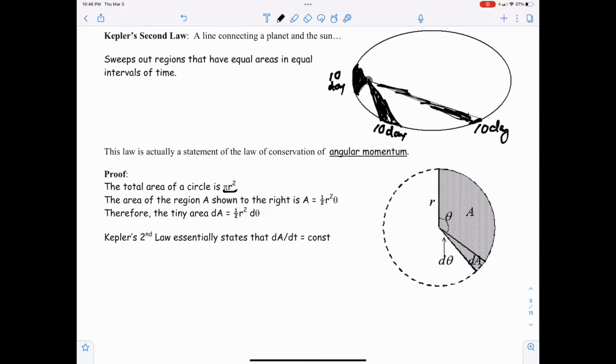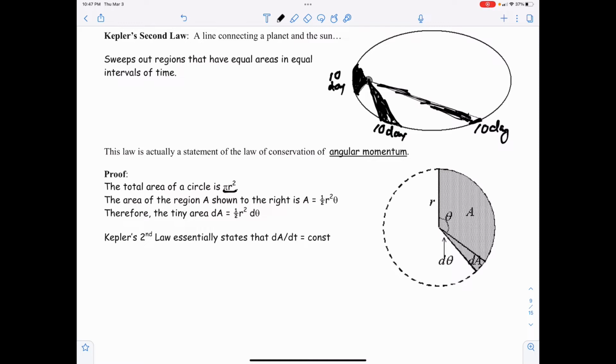If we were working with degree measurements, the area of a sector is theta, whatever the angle is, divided by 360 degrees times pi r squared. But that's not what we're doing here. So the other formula that describes the area of a sector is 1/2 the radius squared times the angle in radians.